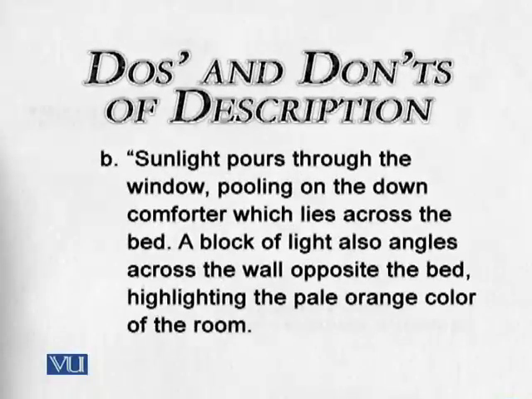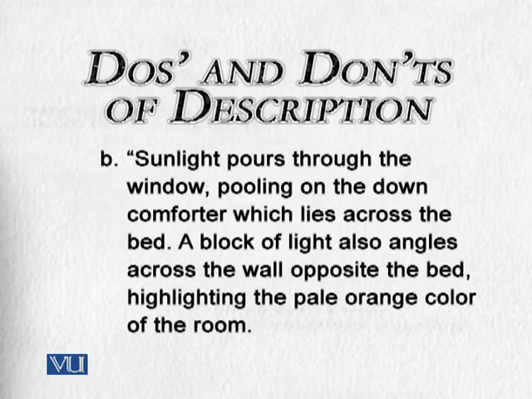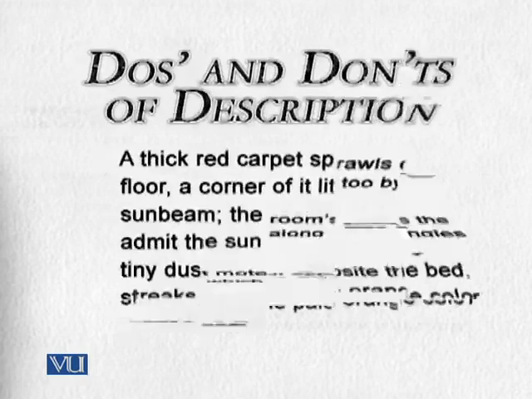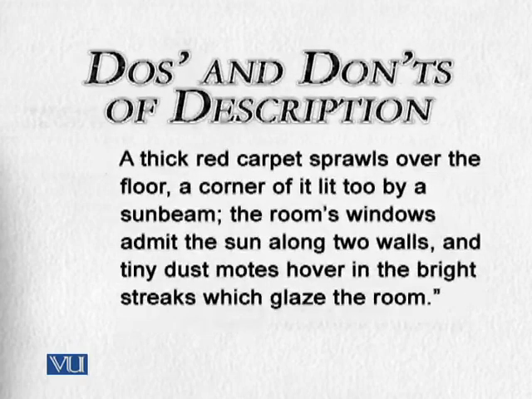Sunlight pours through the window, pooling on the down comforter which lies across the bed. A block of light also angles across the wall opposite the bed, highlighting the pale orange color of the room. A thick red carpet sprawls over the floor, a corner of it lit too by a sunbeam.